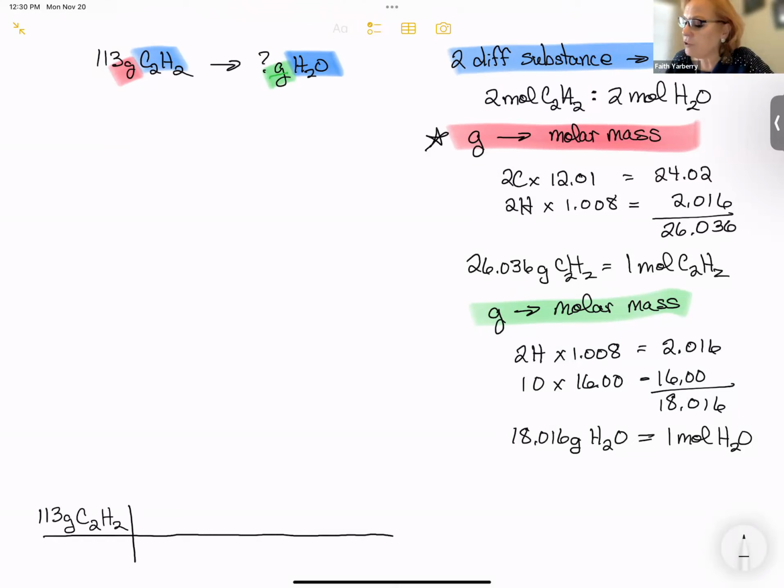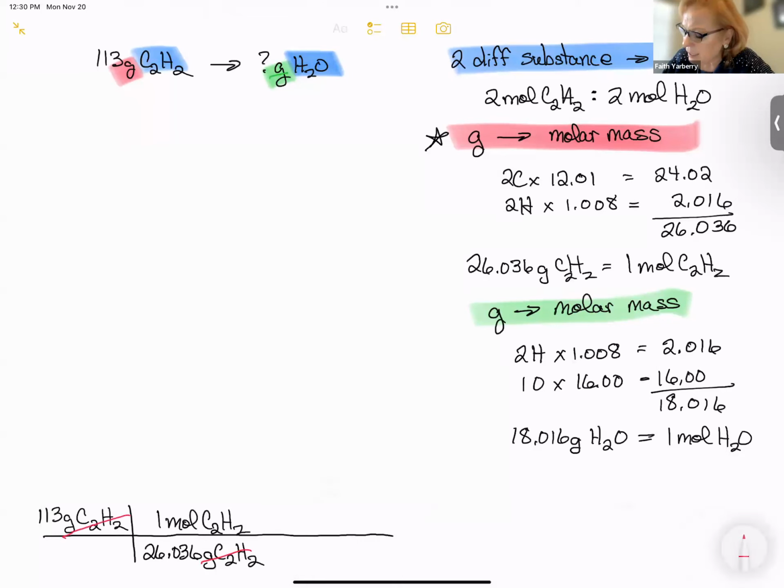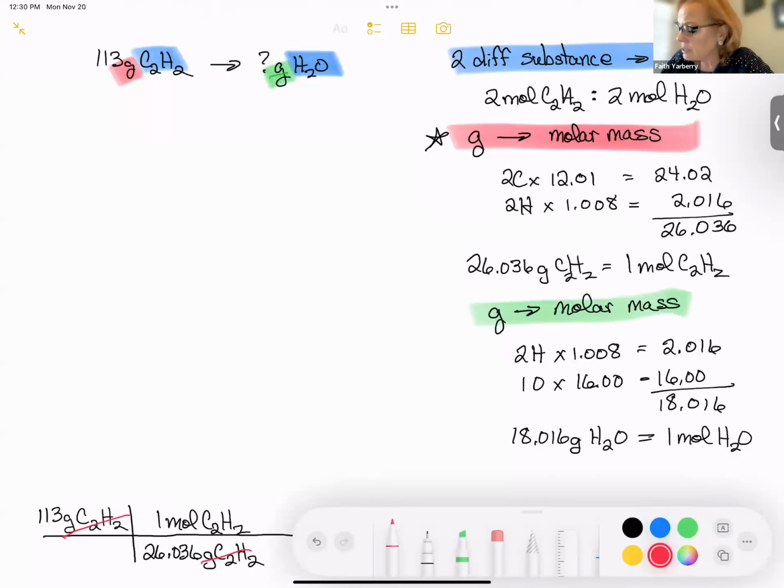The 26.036 grams of C2H2 is going to go in the denominator with the 1 mole of C2H2 in the numerator. We place the grams of C2H2 in the denominator so that the unit and the substance cancel, and we are left with moles of C2H2.